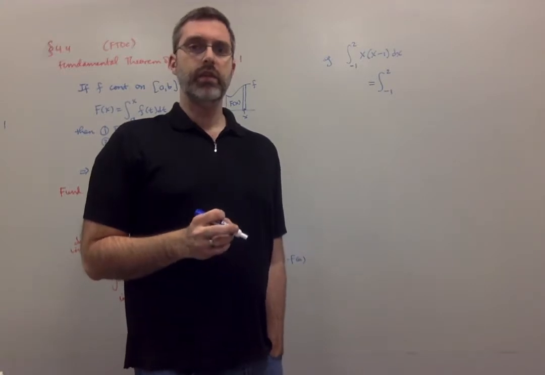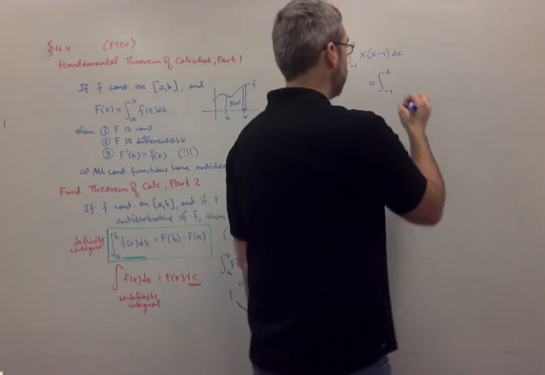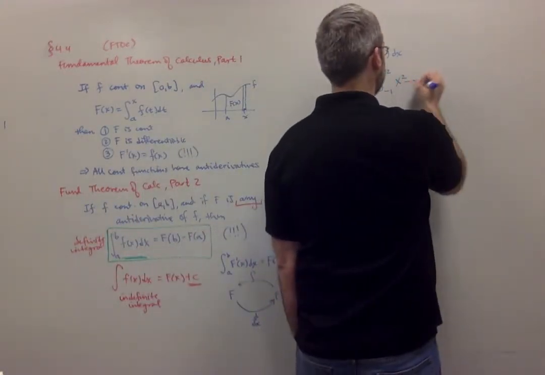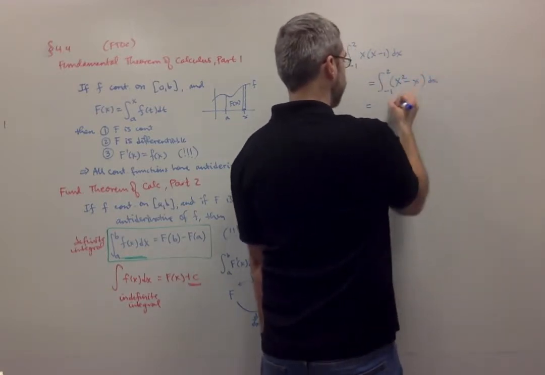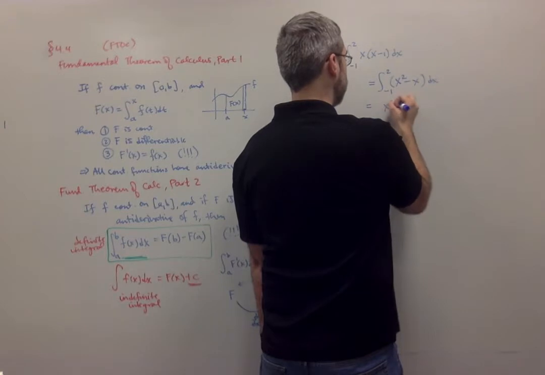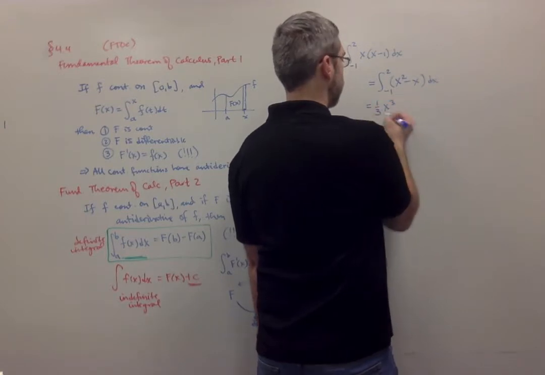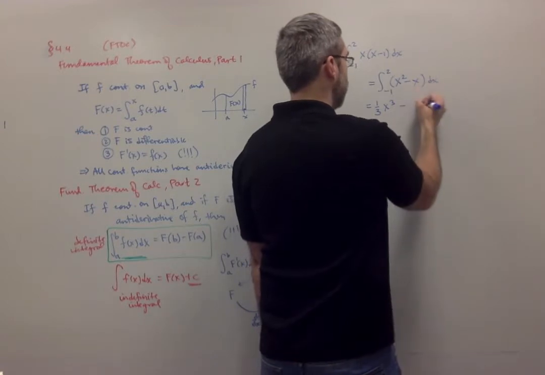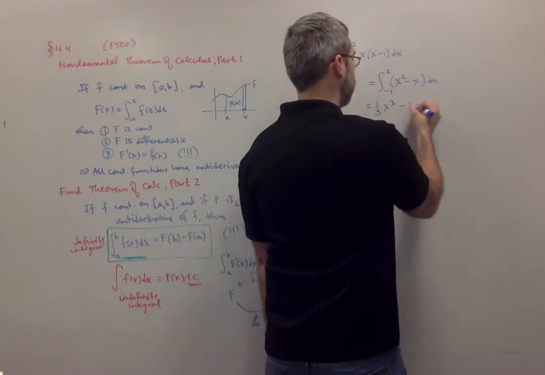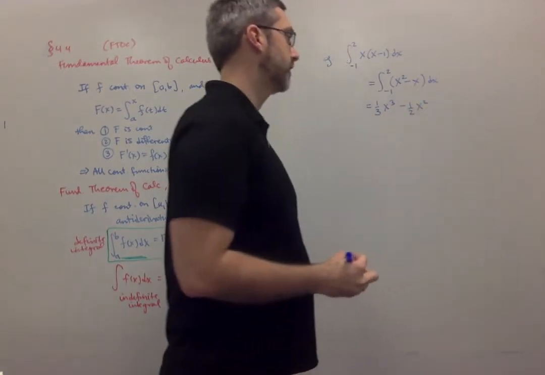We would multiply this out, so we would get x squared minus x. And then each of these we can find an antiderivative for. So x squared came from x cubed, but we need a 1/3 there, so that when we differentiate, there's no constant in front. And then x came from x squared, but we need to do the same thing, so 1/2 x squared.